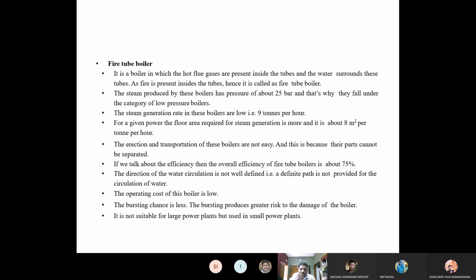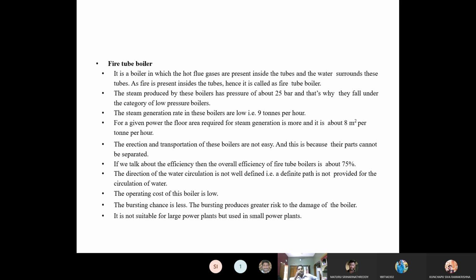What is the structure of the fire tube boiler and the procedure by which it produces steam? It is a boiler in which the hot flue gases are present inside the tubes and the water surrounds these tubes. A fire is present inside the tubes, hence it is called a fire tube boiler, right?